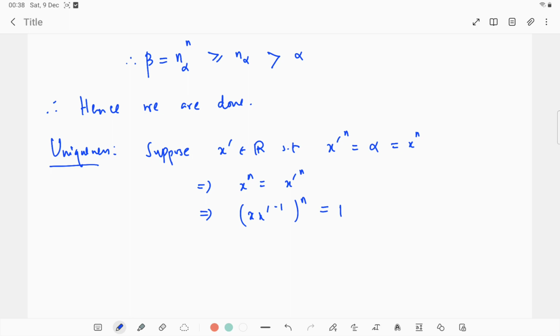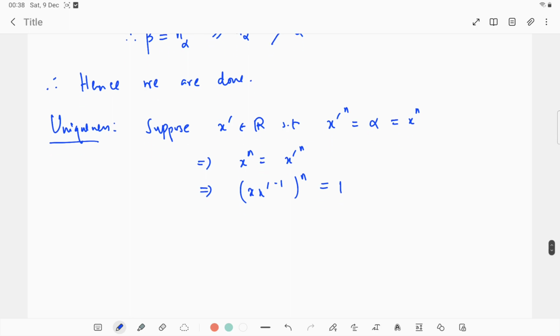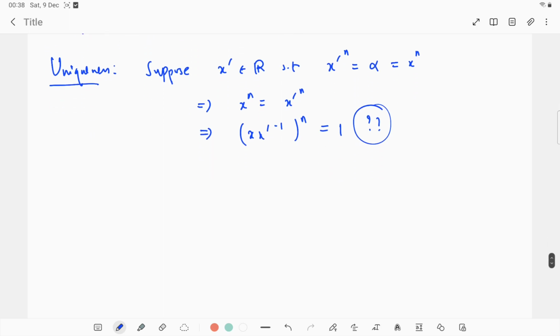So what can you say about this? Is such an x always unique?